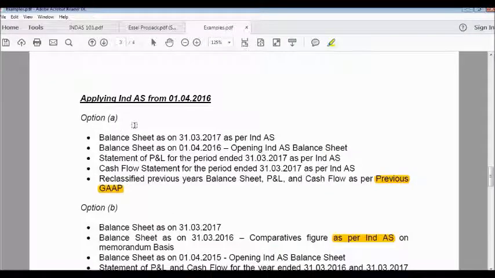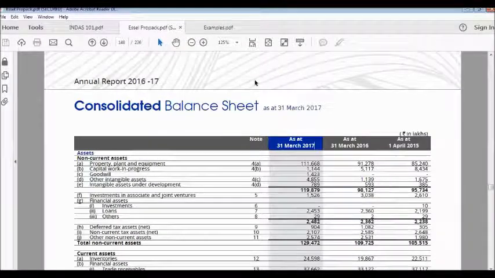Option A says prepare the balance sheet as on 31st March 2017 as per the Ind AS. Now in this example, I am supposing that the company has already applied the Ind AS from 1st April 2016, because in our live example, those companies have already applied the Ind AS from 1st April 2016.